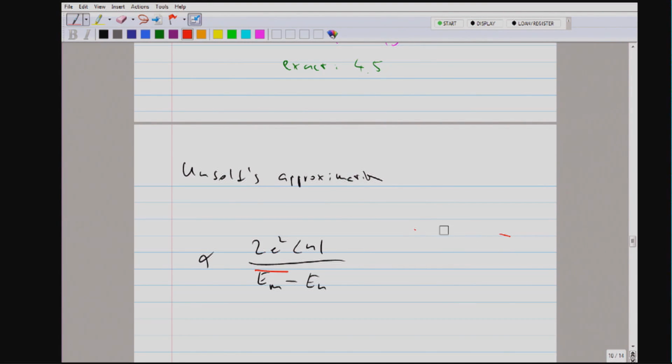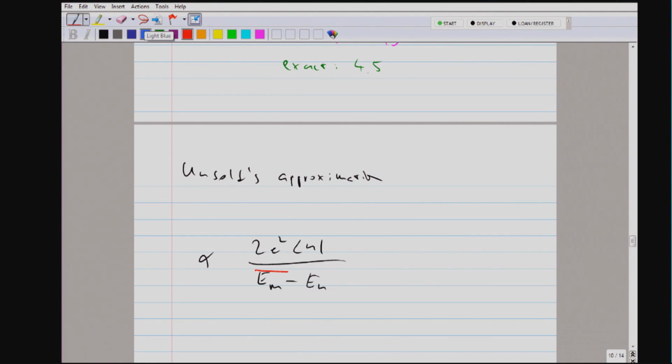And so, if we take an average energy in the denominator out of the summation, what we find is that what matters is the matrix element z squared.